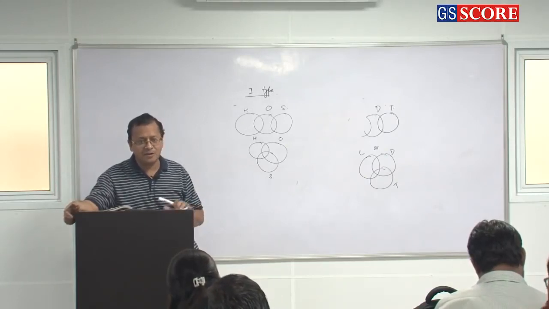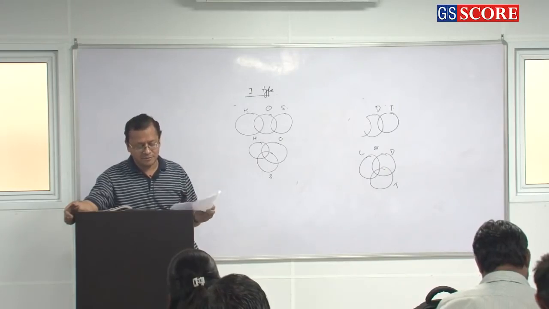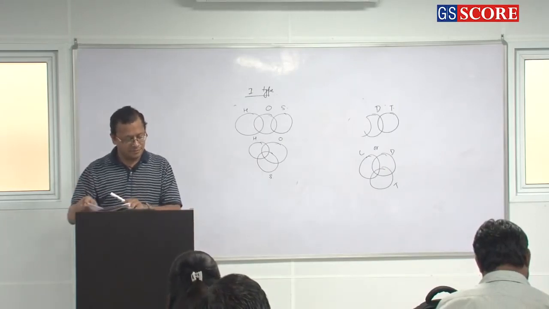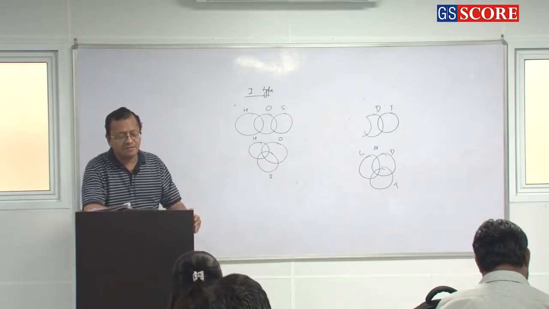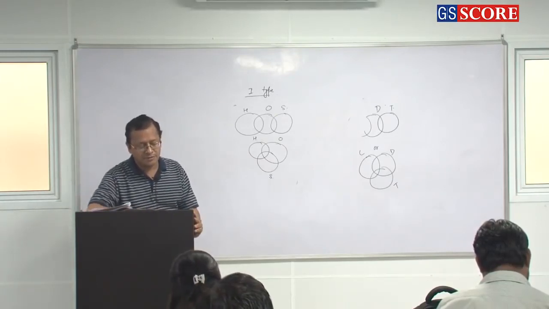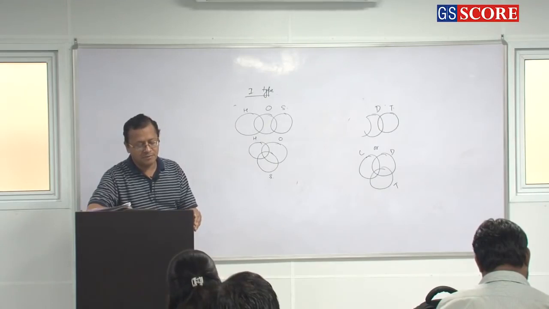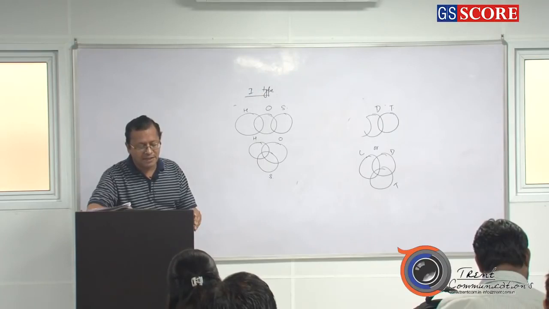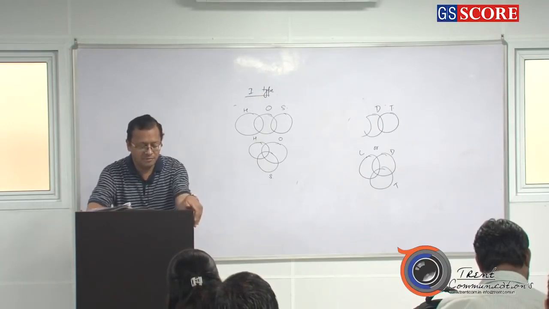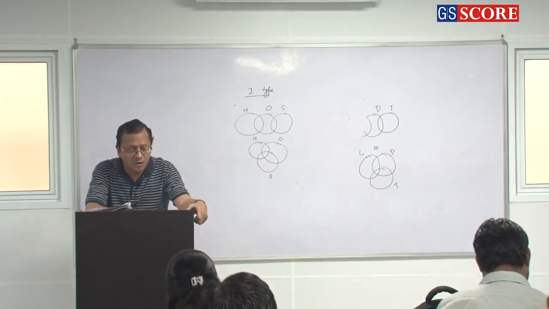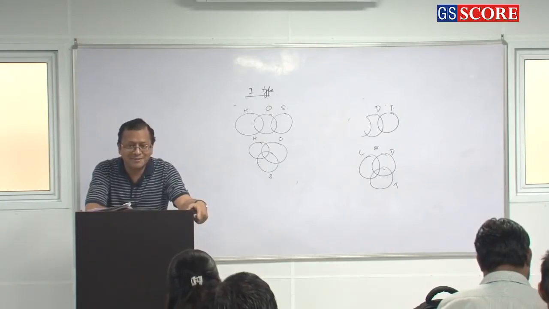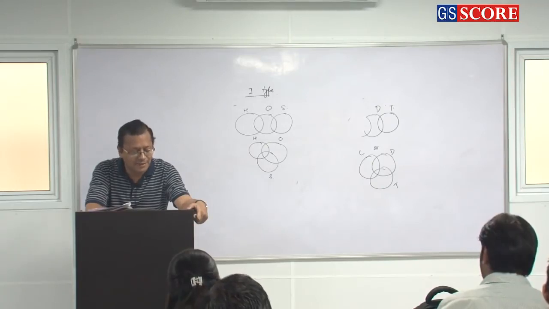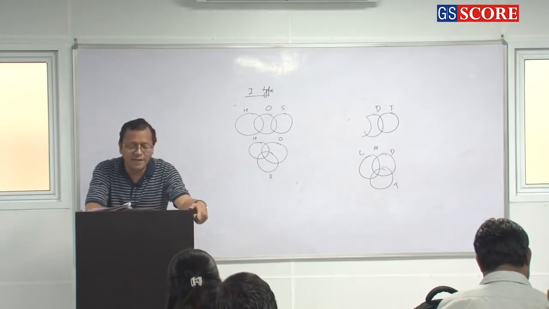Number 2: some taxis have neither horn nor light. Number 3: some taxis have horn as well as light. Number 4: no taxi has horn as well as light.